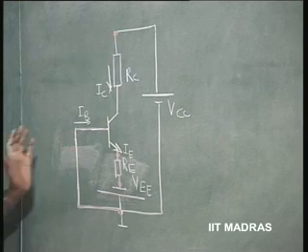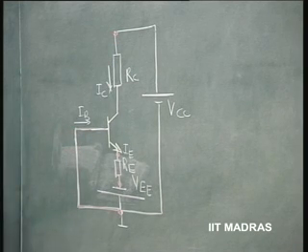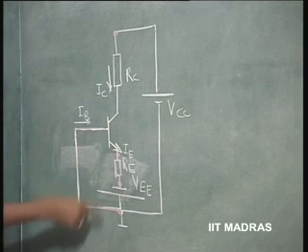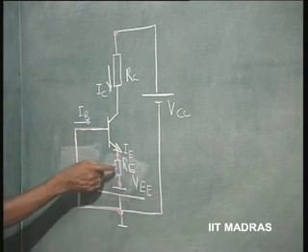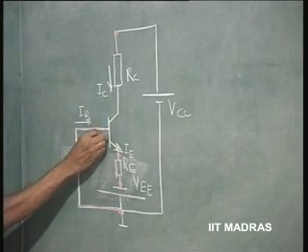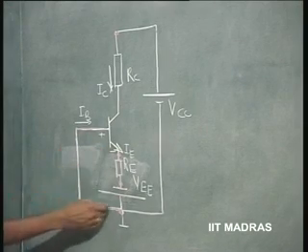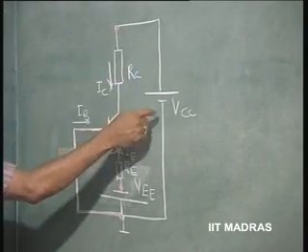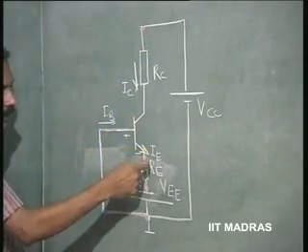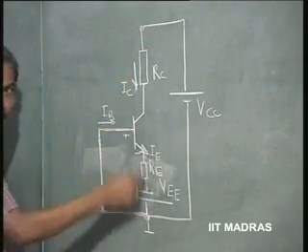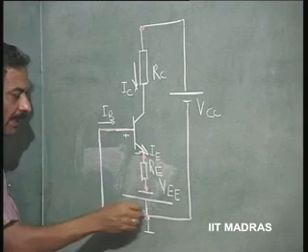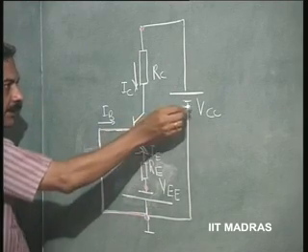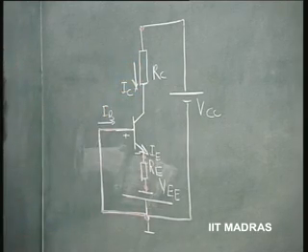This is just to depict that this loop has VEE, RE and VBEQ. Within this other loop, of course, it has VCC, RC, RE and VEE. So, this battery forward biases and this battery reverse biases.